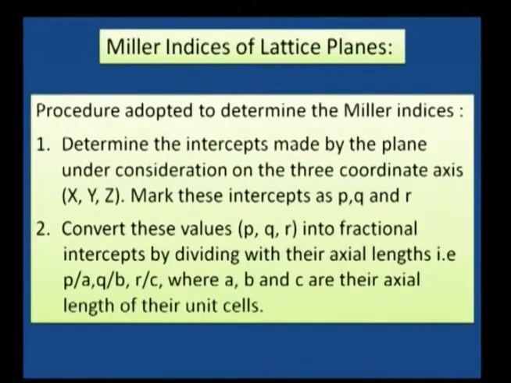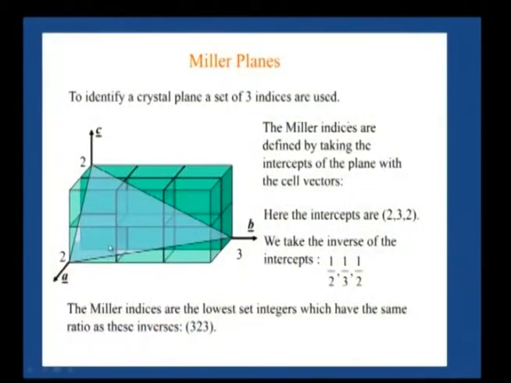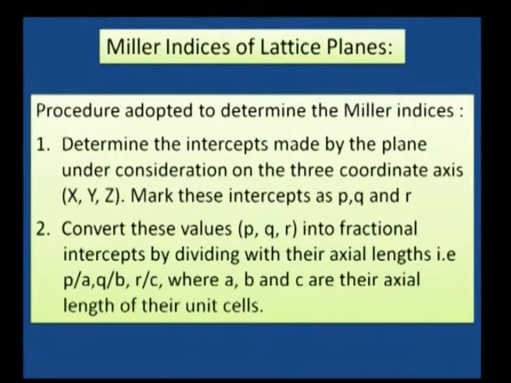Before going further, let me tell you the steps, the procedure adopted to determine the Miller indices. Determine the intercepts made by the plane under consideration on the 3 coordinate axes. The 3 coordinate axes are A, B, C. Mark these intercepts as P, Q, R. Convert these values P, Q, R into fractional intercepts by dividing with their axial lengths, that is P by A, Q by B, R by C, where A, B, C are the axial lengths of the unit cells.